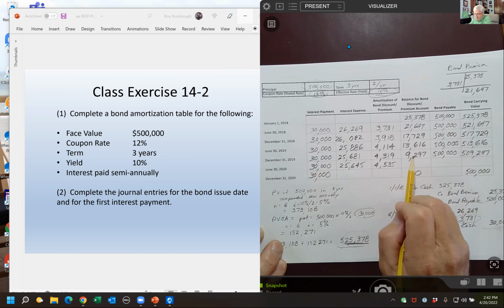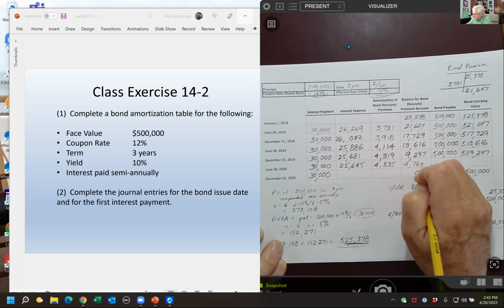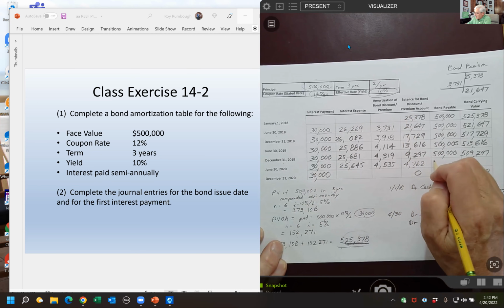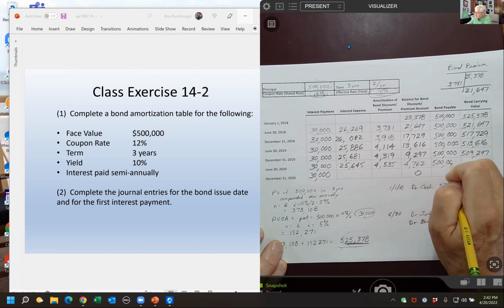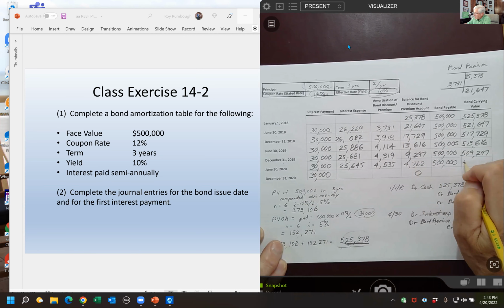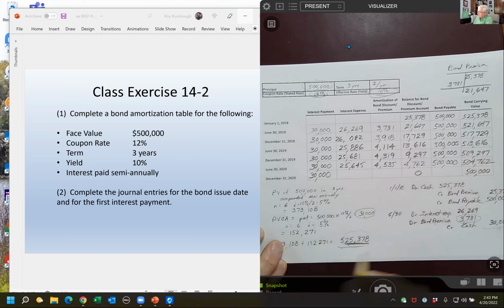This is a debit to that credit balance and I end up with 4,762. So what's sitting in the bond premium account now is a credit of 4,762. And my bonds payable account's got a $500,000 credit. Add the two credits together, 504,762.